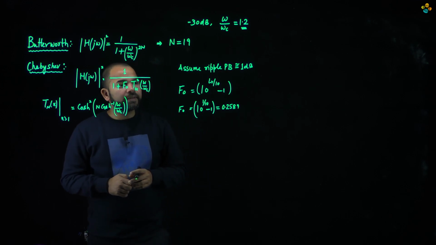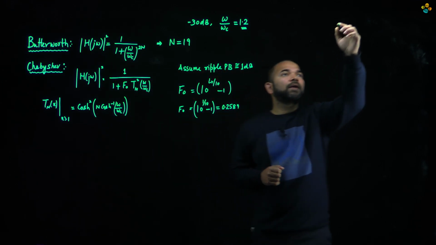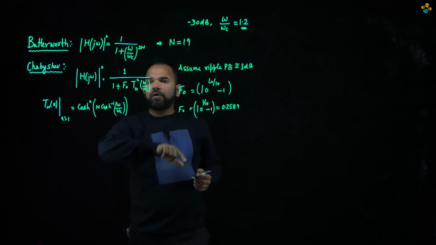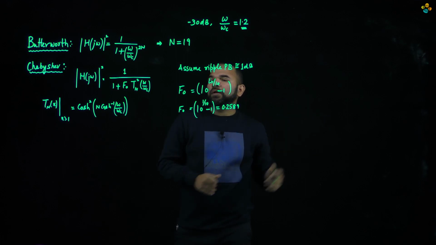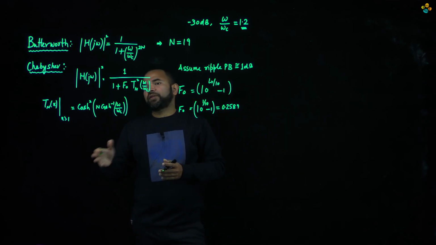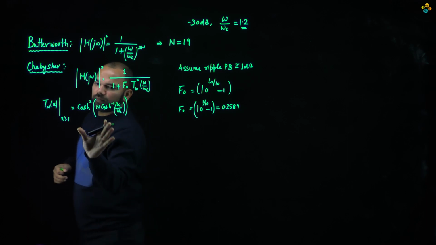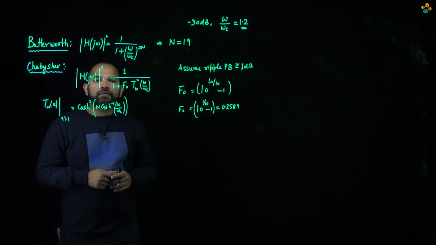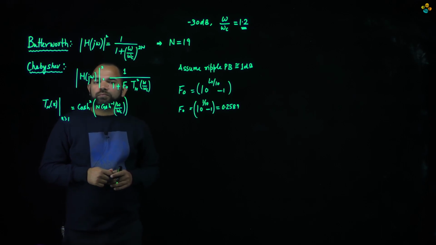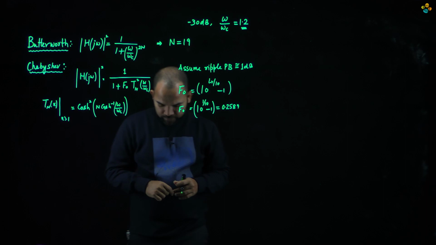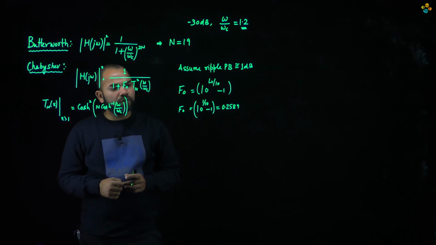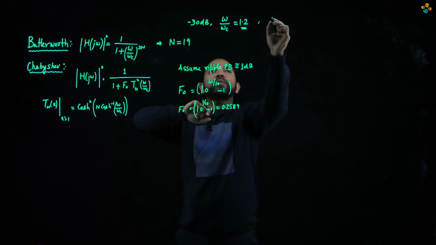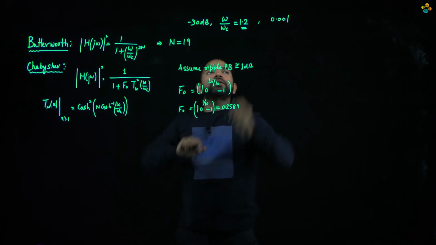The second step is calculating the Chebyshev function for omega over omega c, which is greater than 1. So this function I have already placed here. So let's calculate this transfer function for the same roll-off. The roll-off we have also calculated in terms of H of j omega, that was this one.